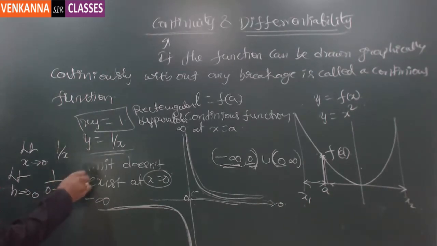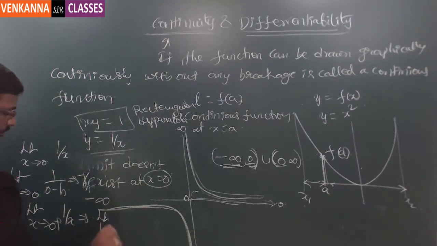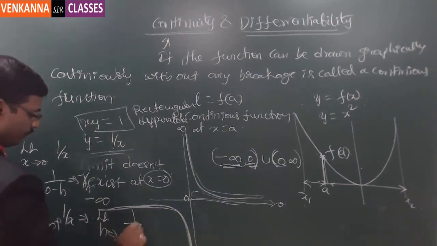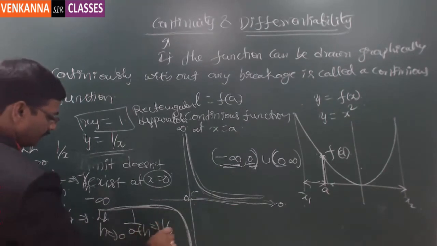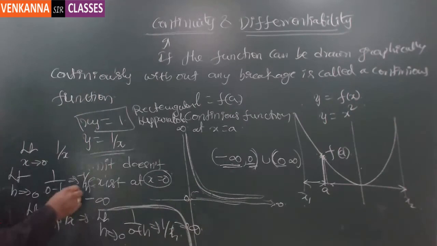So this is minus 1 by h. Similarly, on the right side, limit x tends to 0 of 1 by x, for the right limit this is 0 plus h, limit h tends to 0, 1 by 0 plus h. This will be 1 by h. As h tends to 0, this will be plus infinity. As h tends to 0, the left one will be minus infinity.